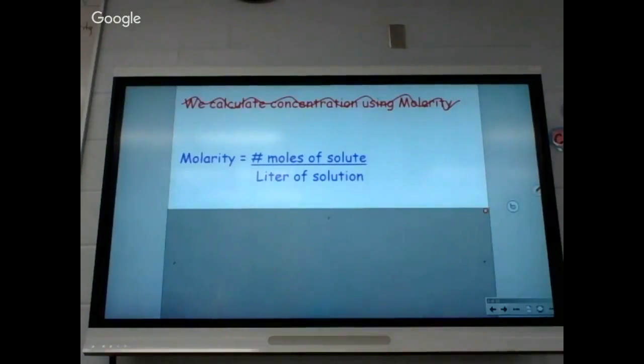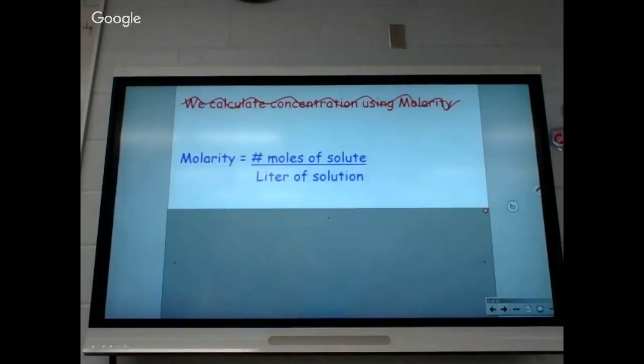The reason I said that you would be fine with this is everybody in here knows how to calculate moles and how to calculate liters, so all you need is the formula. It's a 3-variable equation. If they give you molarity and want moles, then you have molarity and liters and you cross multiply. If they give you moles and liters, you divide to get molarity.